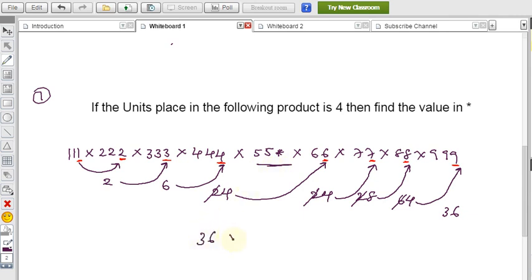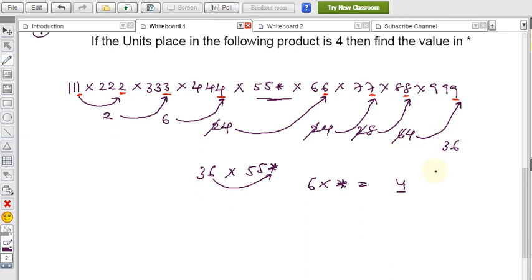Now finally 36 into 5 star. Now 6 into something, you should get units place 4. So 6 into what number will give units place 4?